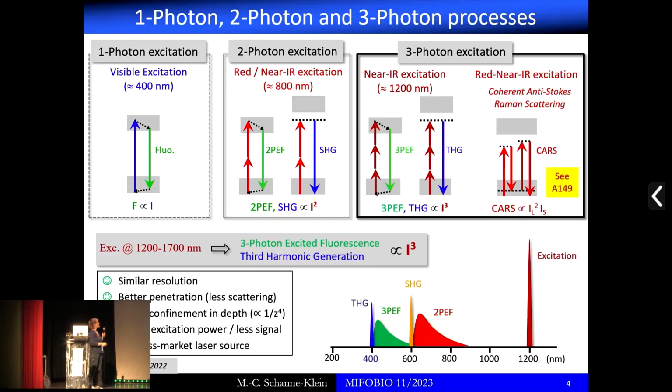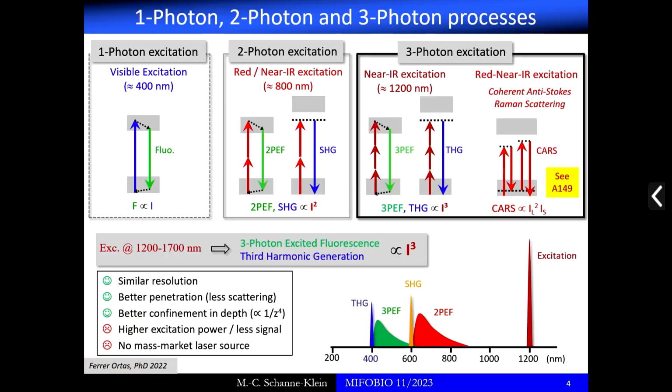For three photon excitation, there are mainly two signals, three photon excited fluorescence and third harmonic generation, that scale with the third power of the intensity, and here the excitation is shifted toward the near IR, at least 1.2 micrometers, usually further.